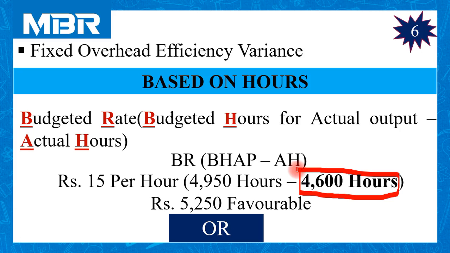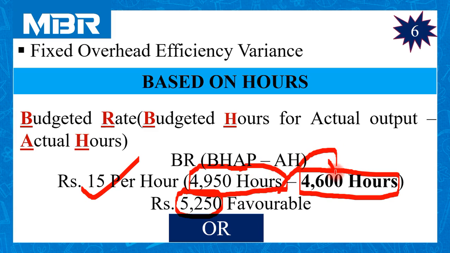Now 4,950 hours minus 4,600. So it is 350 multiplied by 15 rupees per hour as given over here. So the difference is 5,250, and it is favorable. How is it favorable? We have been given 4,950 hours to complete our work, but we have completed our work in 4,600 working hours.